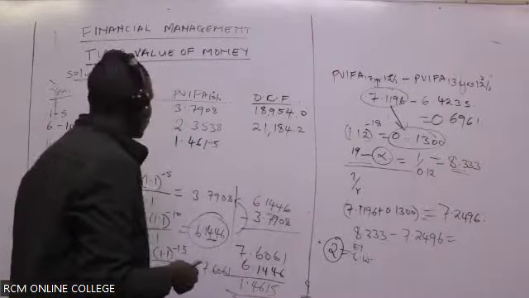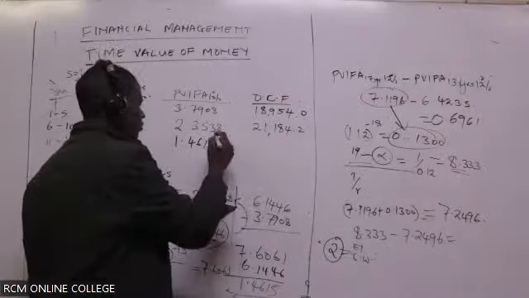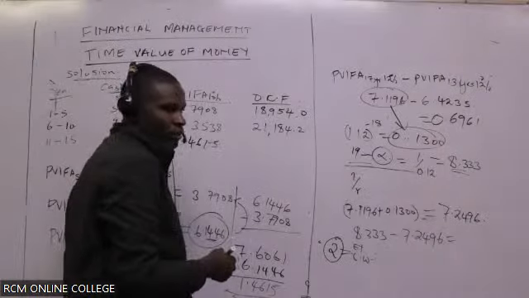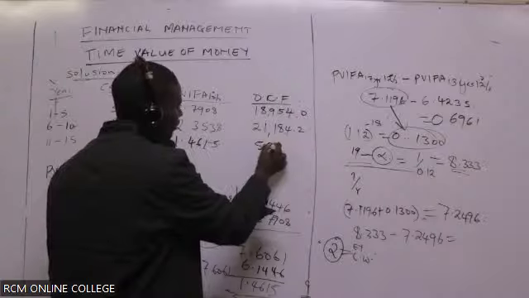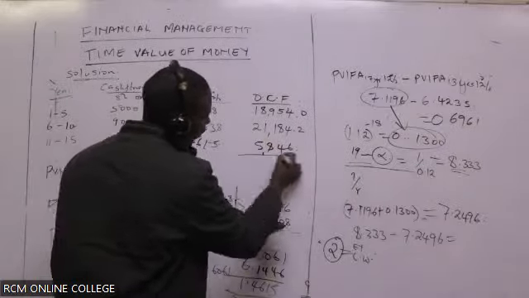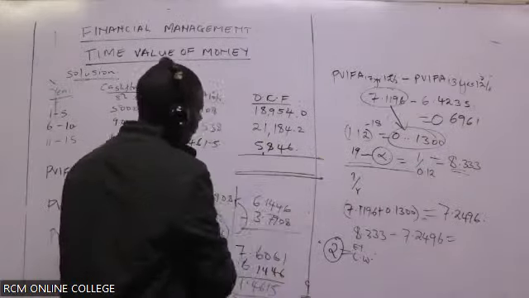The last one is 4,000 times 1.4615, which is 5,846. And that's all. We get our total present value.